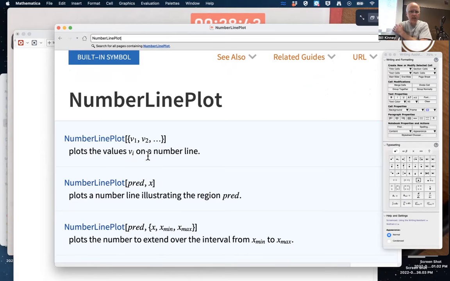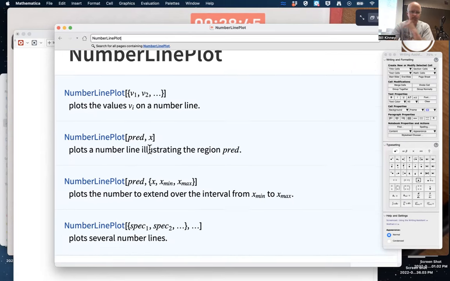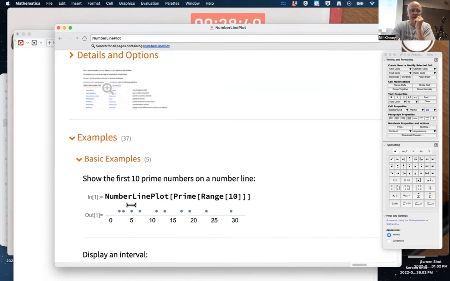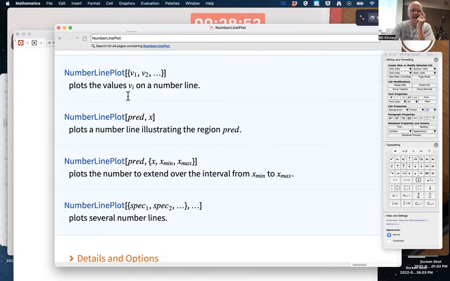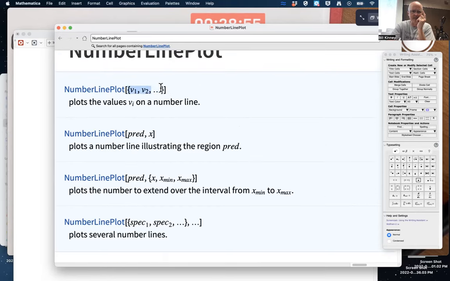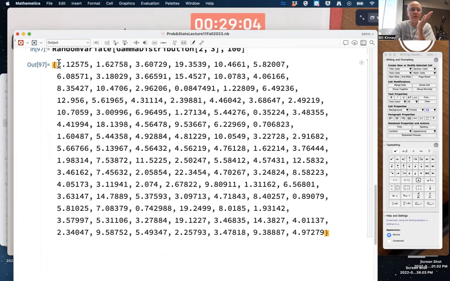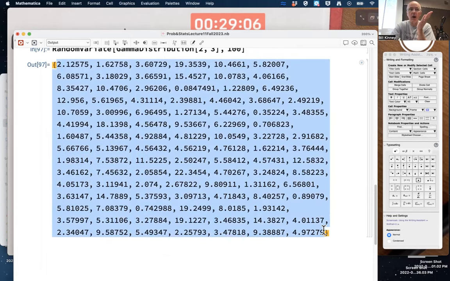Plot values on a number line with this kind of syntax. And you get this kind of plot. So we plug into NumberLinePlot. We can get a basic dot plot by plugging in a list of numbers inside curly braces. Hey, here's a list of numbers inside curly braces.